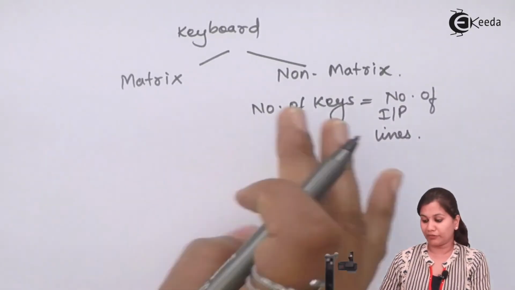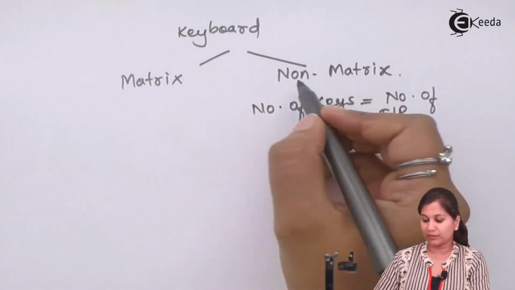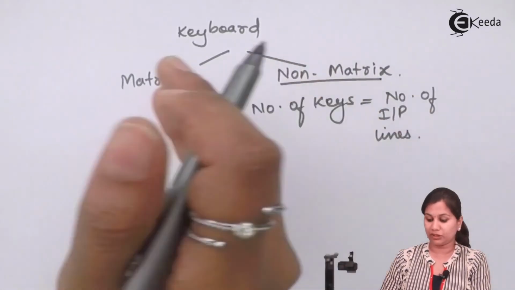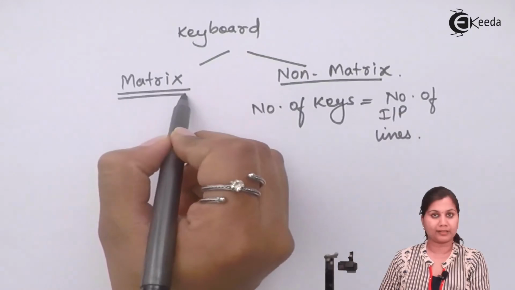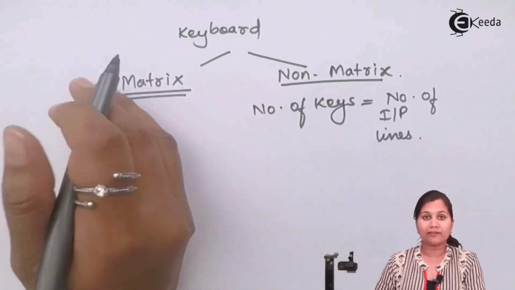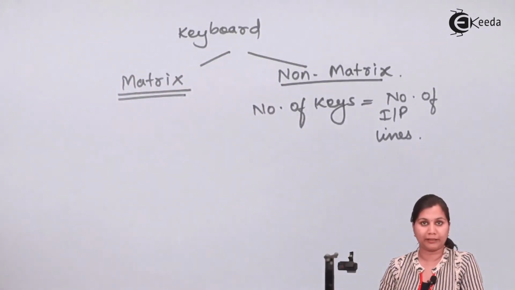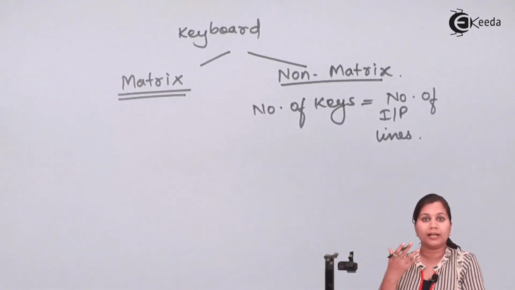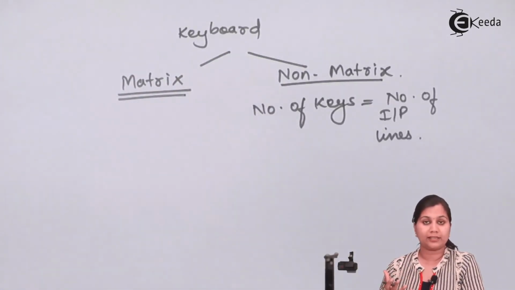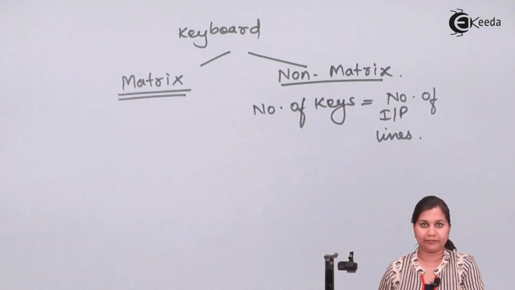So when the number of keys is less, we can use the non-matrix keyboard. But if the number of keys is more, then a matrix keyboard is used. And we have seen how they are interfaced with the 8051 microcontroller, and how the pressed key is identified.